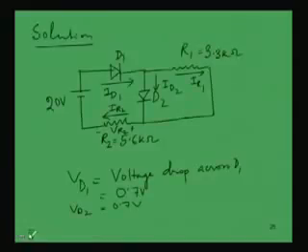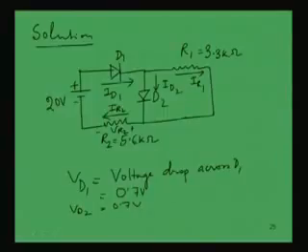Now, what is left to find out? Let us see, ID1 is to be found out. ID2 we also have to find out. So, IR1 and IR2 we have found out. Now, this current ID1 is the same current as IR2, because you see here the current which is leaving the positive terminal of this battery must enter the negative terminal of this battery.